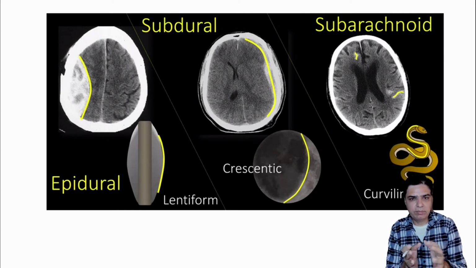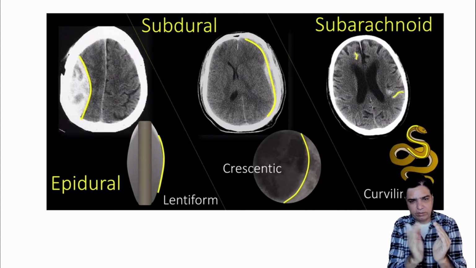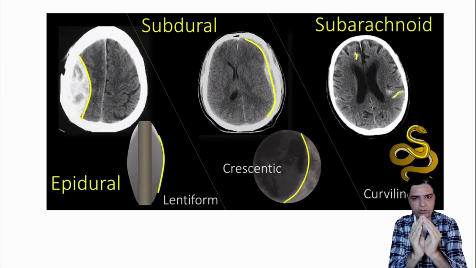As the blood vessels rupture, they bleed between the bone and the dura mater. What happens? It would appear biconvex, because the blood accumulated is a liquid. The inner layer of the cranial vault is sort of a convexity, and as the blood is expanding, it would give you this type of shape, which is known as a biconvex shape.